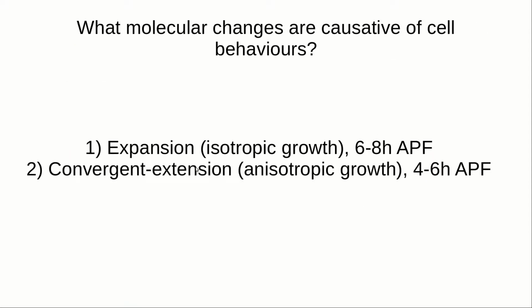So what molecular mechanisms are responsible for these changes in shape and size? First, I'm going to talk about the molecular changes in the expansion, and then about the ones during convergent extension, which is the reverse order, but I thought it would be easier to tell it this way.